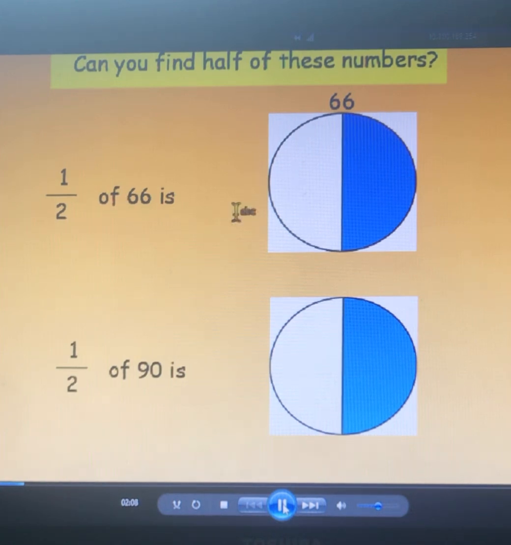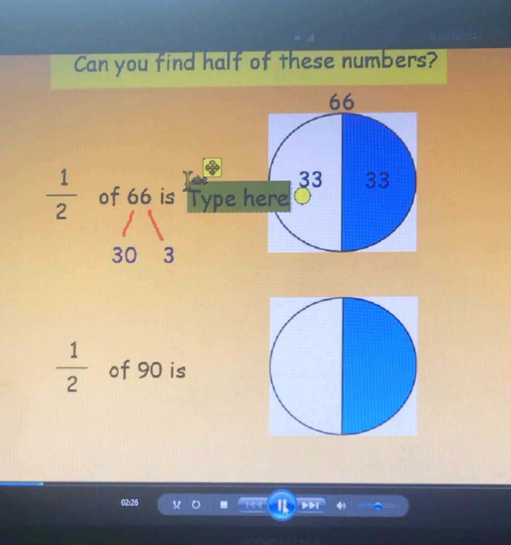Half of 66, well, half of 60 is 30. Half of 6 is 3. So add those together, we've got 33 and 33. So half of 66 is 33.